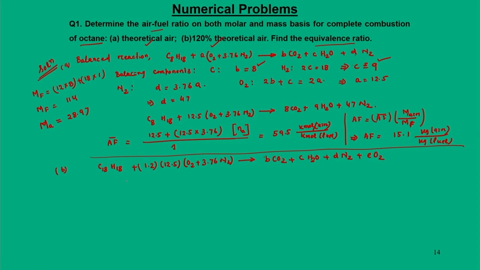Now, from these equations, the reactant side has all known parameters, and the product side has unknown parameters.